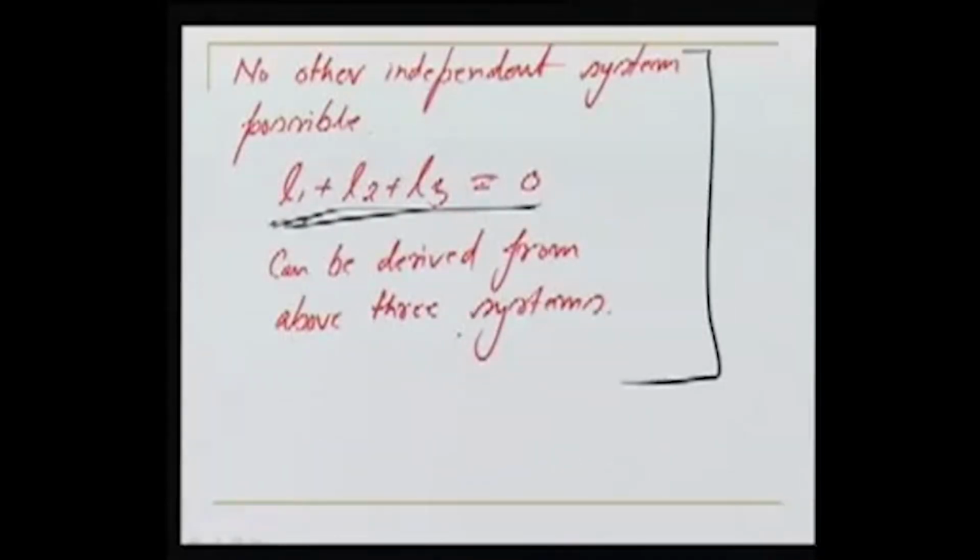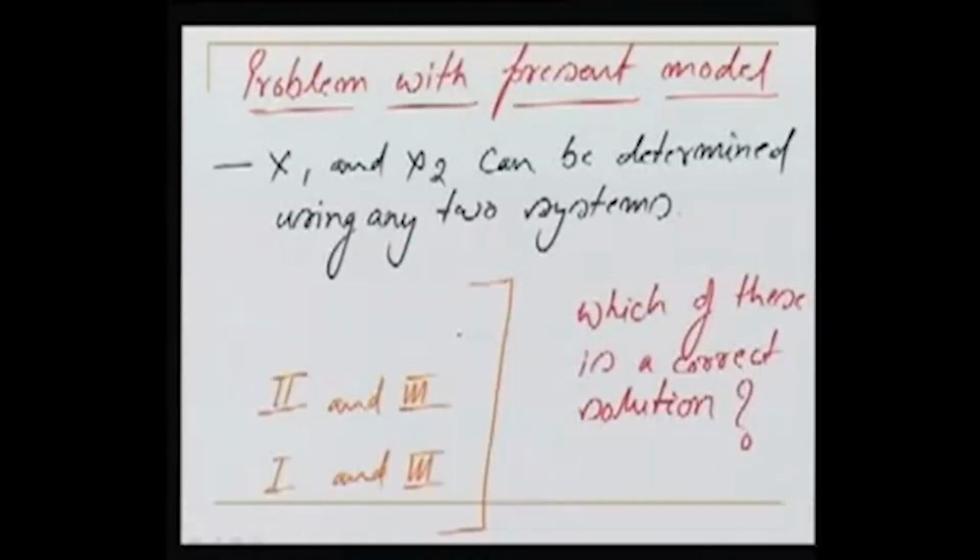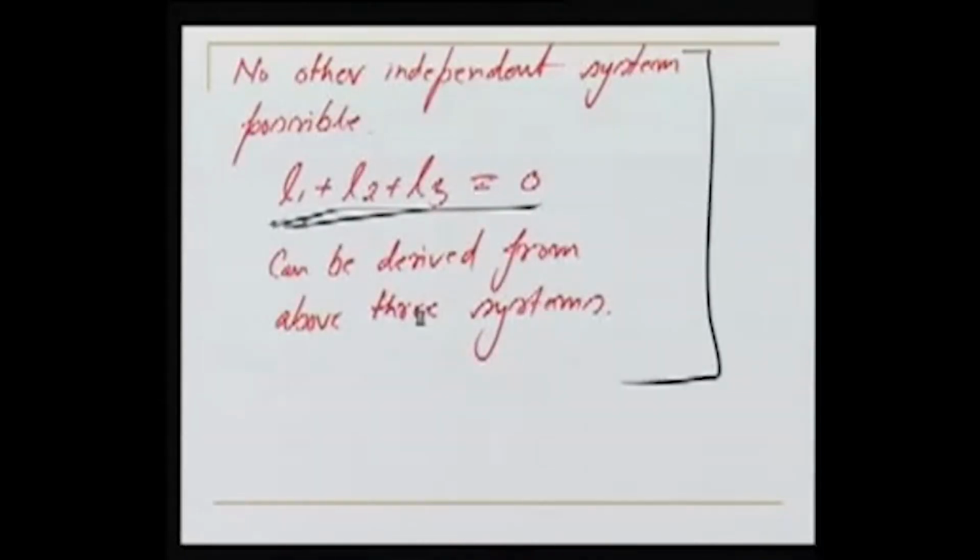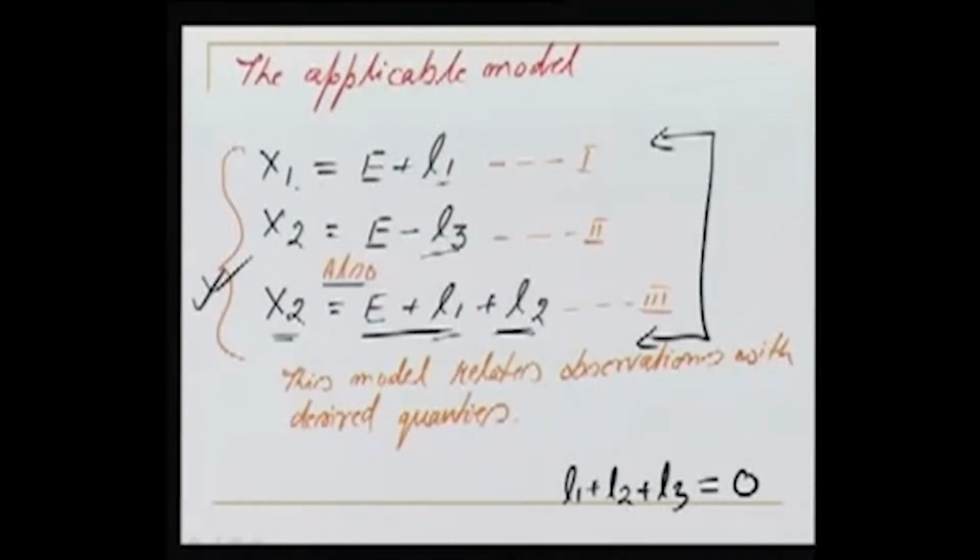Well, after forming this model, we want to determine x1 and x2. How can we determine that? In order to determine that, we can make use of equation 1 and 2. Over here, I am talking about equation 1 and equation 2.